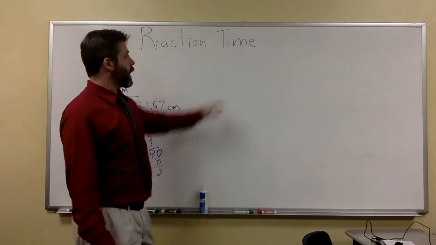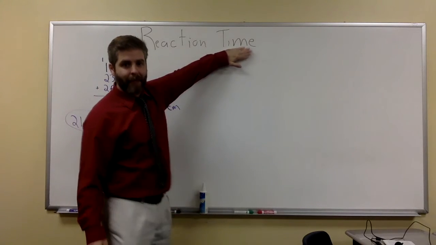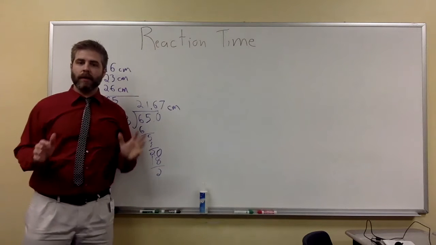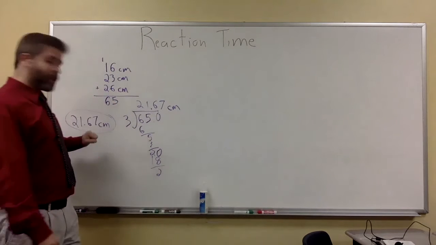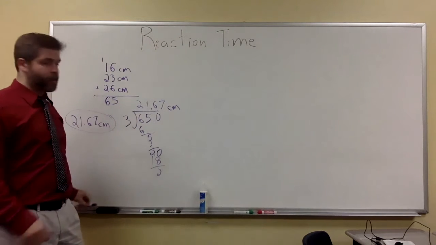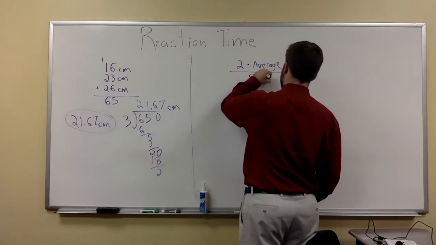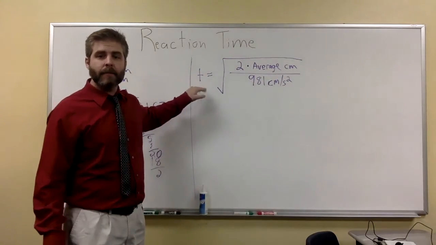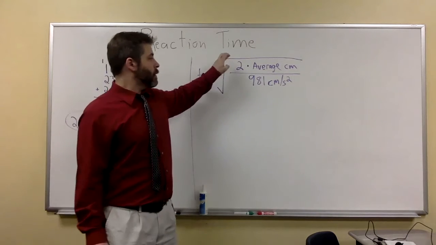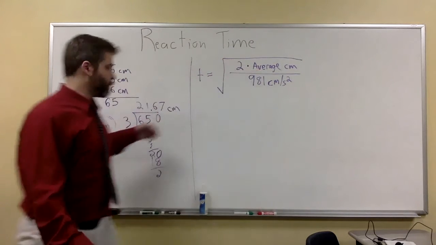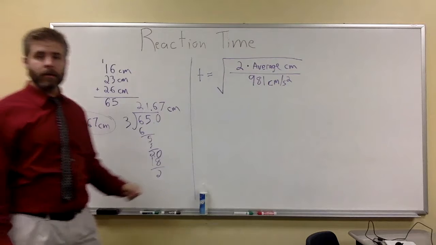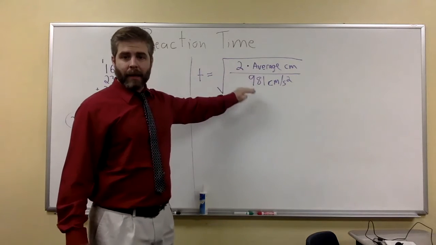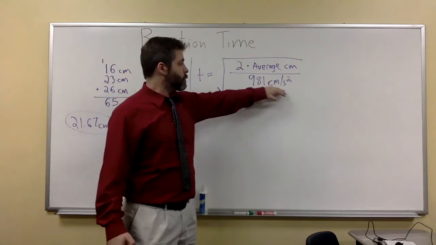Second piece of math is turning this into time. This is a reaction time lab. We have a reaction distance. So we need to turn this into seconds. From centimeters into seconds. How are we doing this? So we're trying to find time in seconds. And we have 2 times our average centimeters. So 2 times whatever number you get divided by 981 centimeters per second squared.